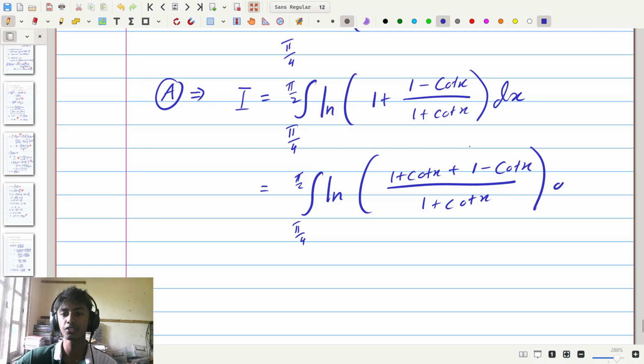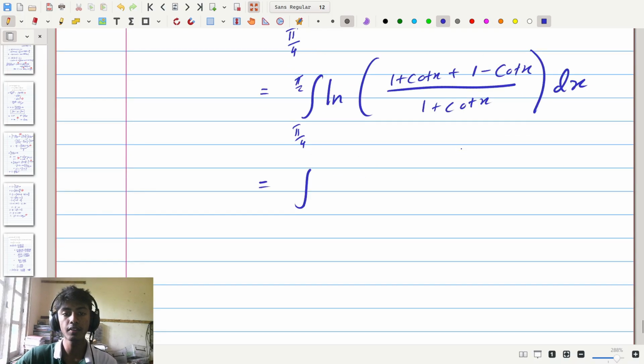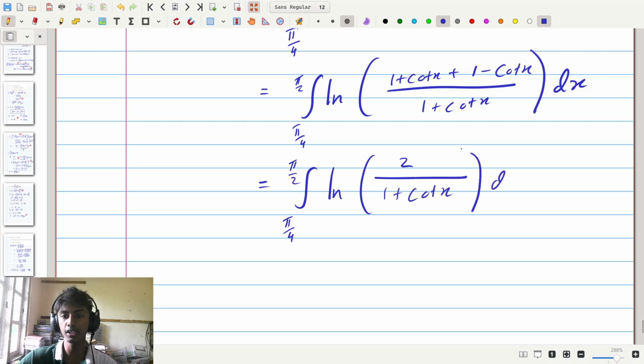So we have this. Now here we can see the plus cot x and minus cot x will cancel out, and they leave us with 1 plus 1 as the numerator, which will lead to the integral from pi by 4 to pi by 2 of the natural logarithm of 2 divided by 1 plus cotangent of x dx.